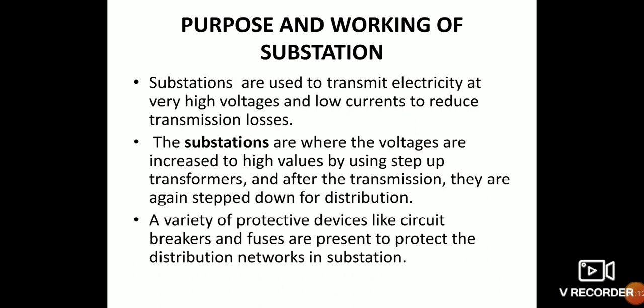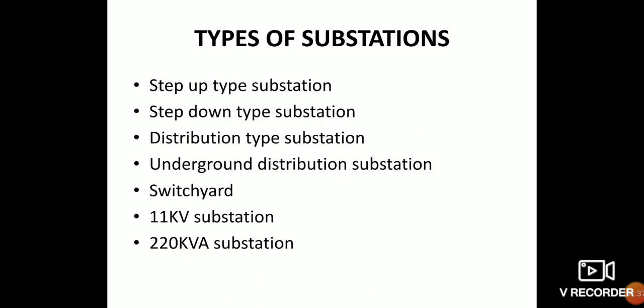These are the substations where the voltage is stepped up and transmitted, and at the receiving end, we again step down the voltage to low levels with high currents for distribution. A variety of protective devices like circuit breakers, fuses, etc. are used in the substations in order to prevent damage to equipment.